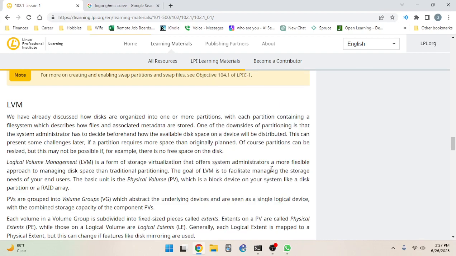You can't shrink a partition on a disk with no free space and thereby create more free space, because in order to change the partition, you need to add information to the disk, such as the size you want to change it to, and you can't do that if there's no free space on the disk. So you can't even shrink it down if there's no free space on the disk, which is interesting, counterintuitive.